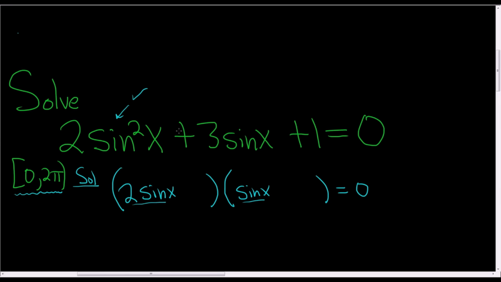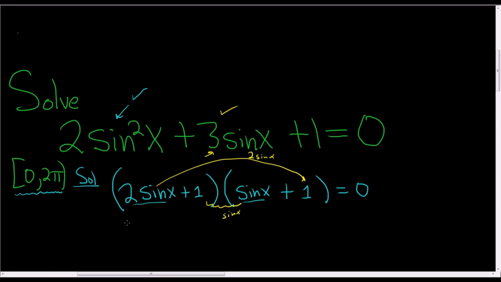So that part's okay. Now we just need two numbers that multiply to 1. Well, let's try 1 and 1. So plus 1 and plus 1. And let's see if this actually works. The inside is sine x, and the outside is 2 sine x. Yep, and if you add them, 2 plus 1 is 3, so it checks.